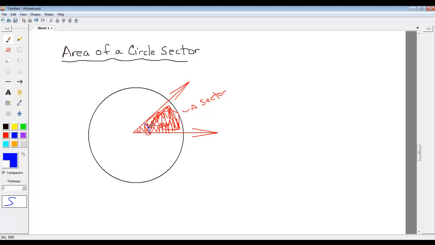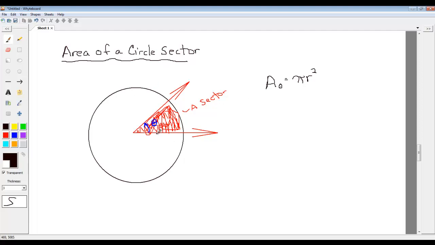This angle with some measure theta. And we're curious what the area of that sector of the circle is. Now for the entire circle, we know the area of a circle is found out by doing pi r squared. But we only want to do a part of the circle. I want to do a fraction of the circle.